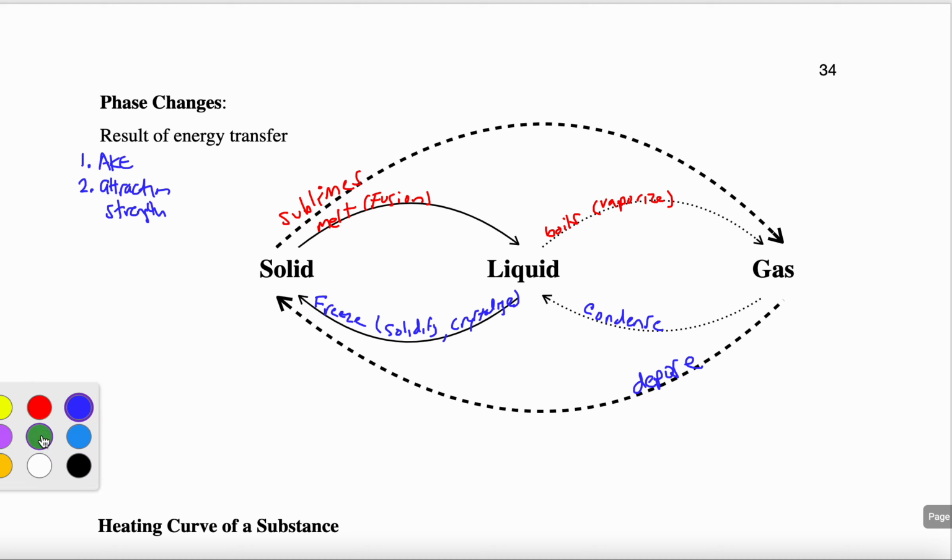Now the other thing that I like to do is I like to have particle diagrams. So to draw a solid, I draw my particles where they're touching and they maintain as much order as possible. Where gas is the complete opposite, where the particles, they're not touching and there's no order. They're just moving away from each other.